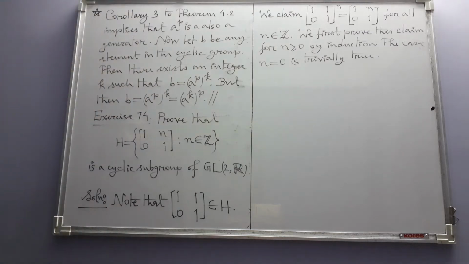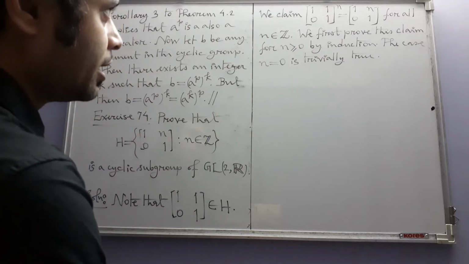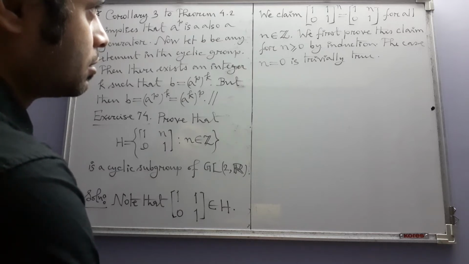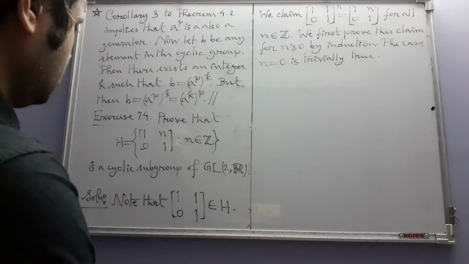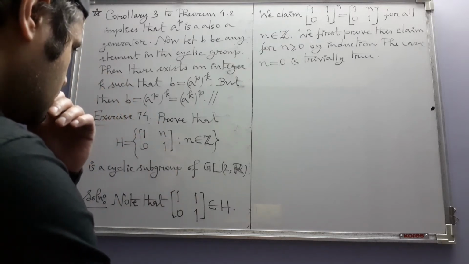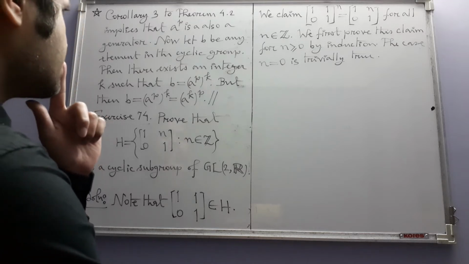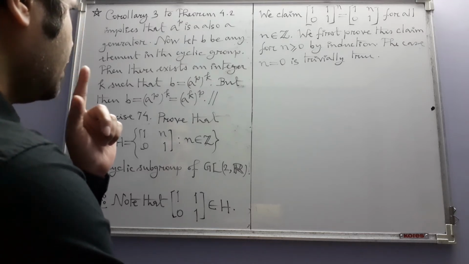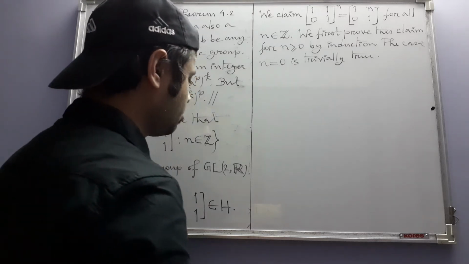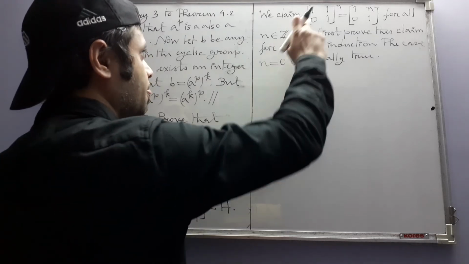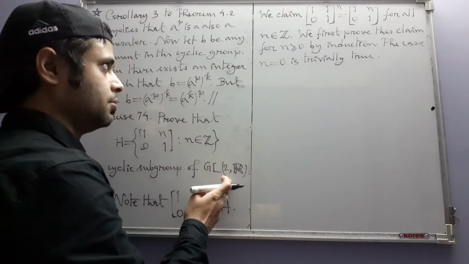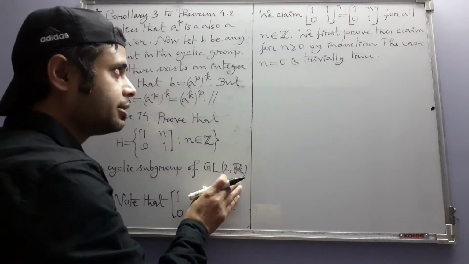Oh, no. I think what I have claimed here is not entirely. Is it true when n is equal to 0? When n is 0, by the definition of integral powers, this is the identity element in this group, which is the identity matrix.